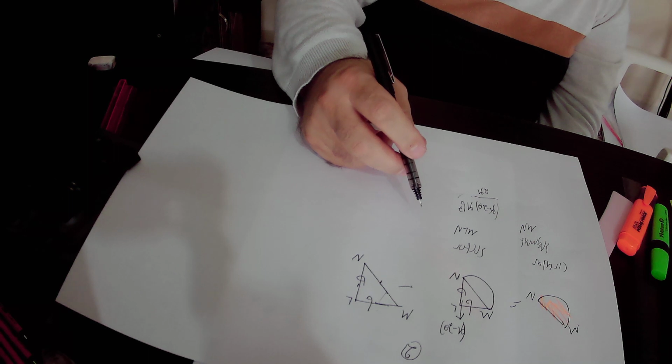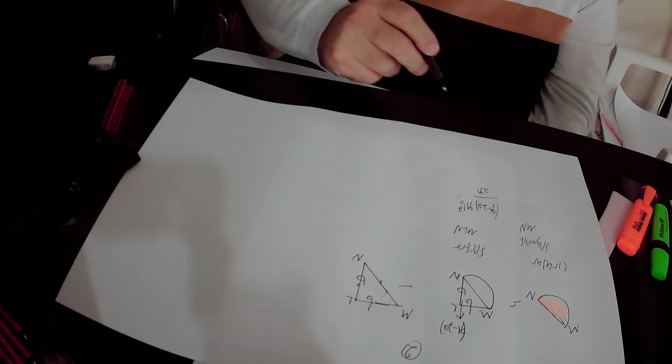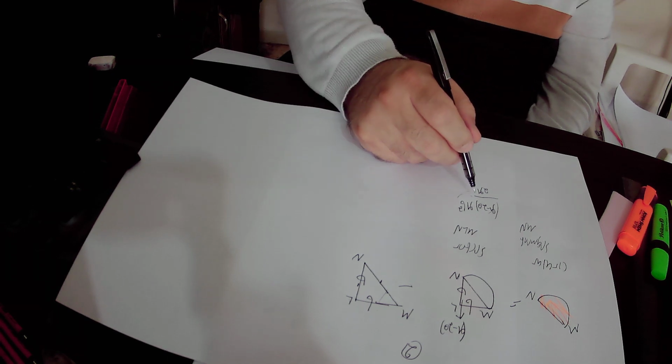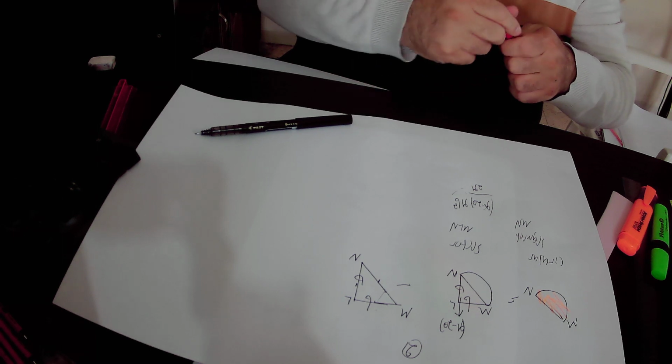Okay, so we found the area of this sector. Here we have pi in the numerator and pi in the denominator, so pi will get cancelled.